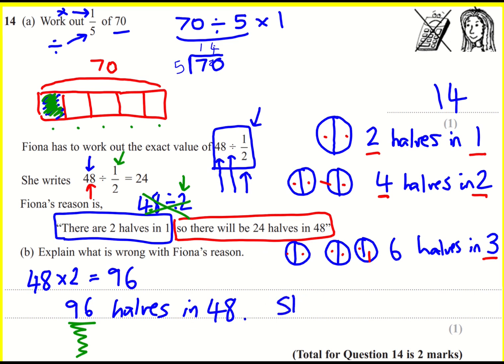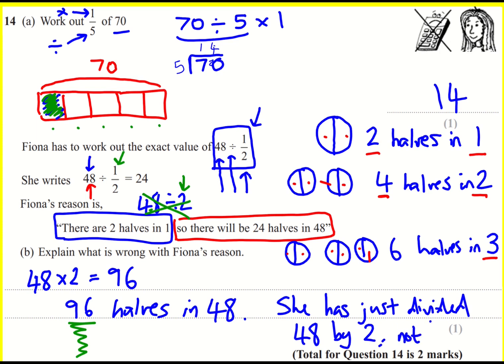She has just divided 48 by 2, not a half. So she's divided the number by 2. She's not divided by a half. Okay, hopefully that makes sense.